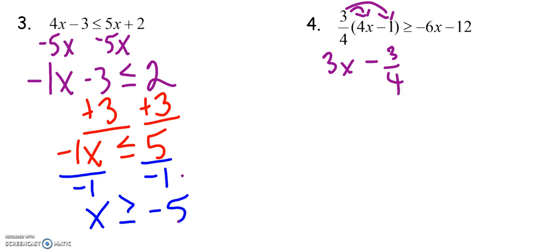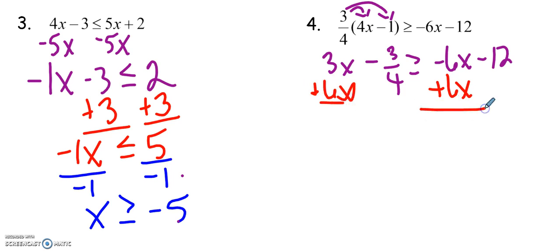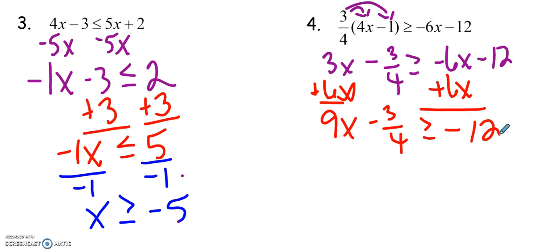On our other side, we have -6x minus 12. We're going to add 6x to both sides so that our variable ends up on the left. That gives us 9x minus 3/4 is greater than or equal to -12.